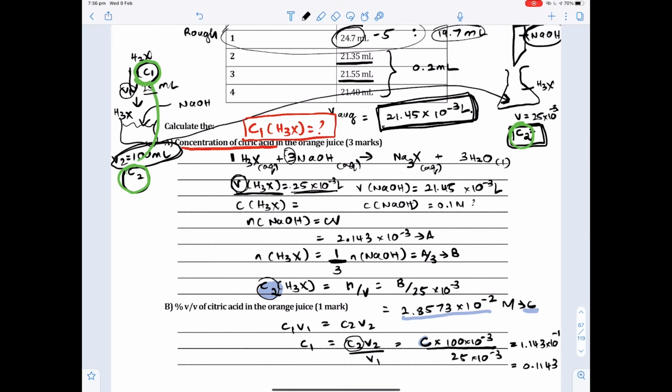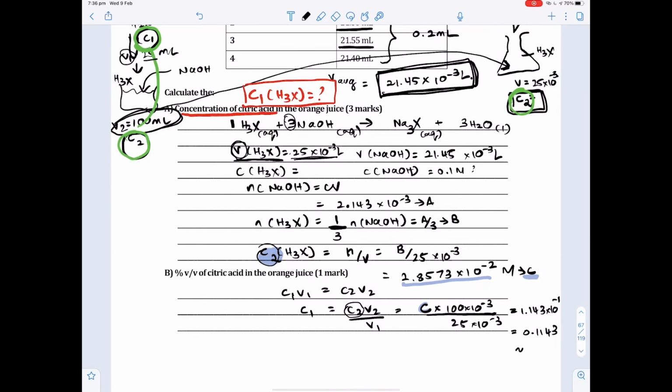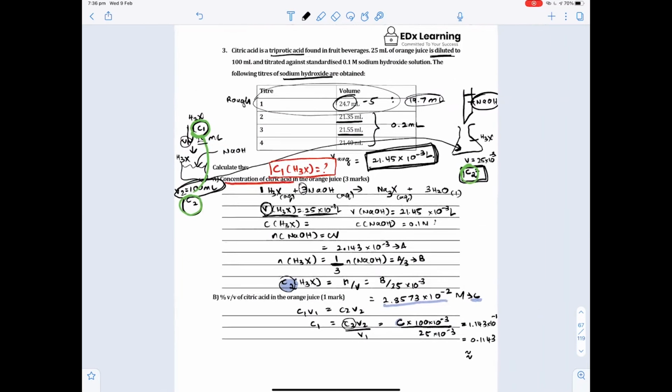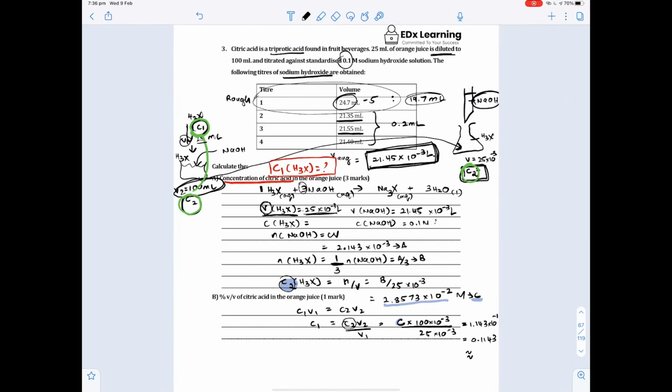You can write it a little bit nicer. And how many sig figs are we rounding it off to? 1. Good, very good. It's 0.1 and 100. Yep, very good. So 0.1 moles per liter, 1 sig fig. You'd write the number of moles of H3X rounds off to that. Good, and that would be a perfect answer.